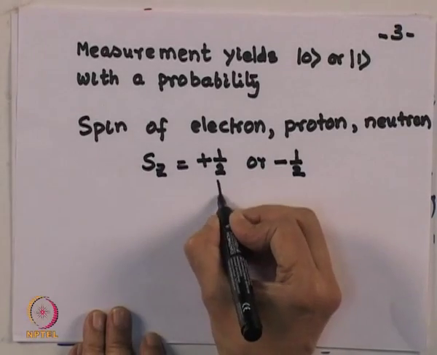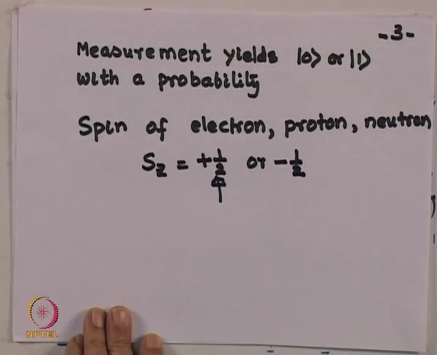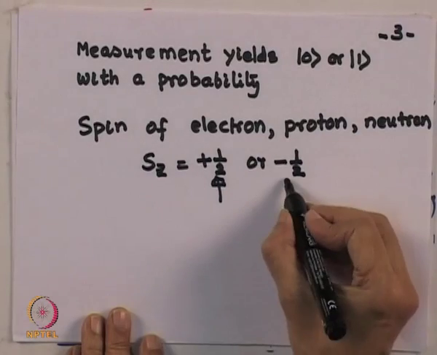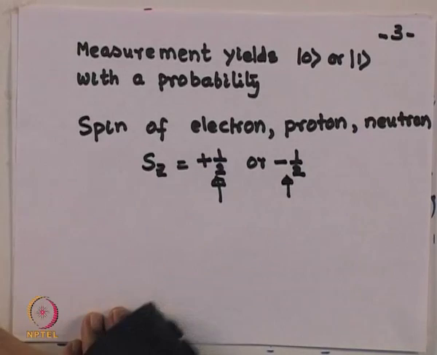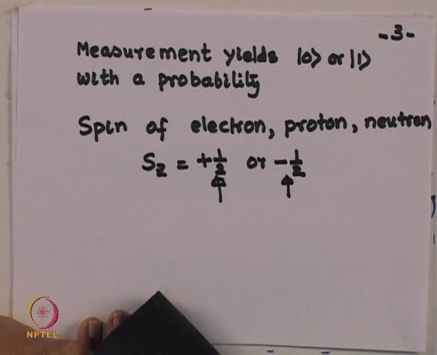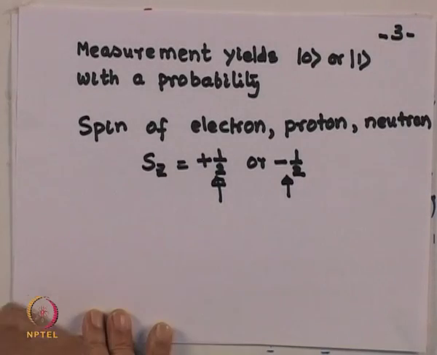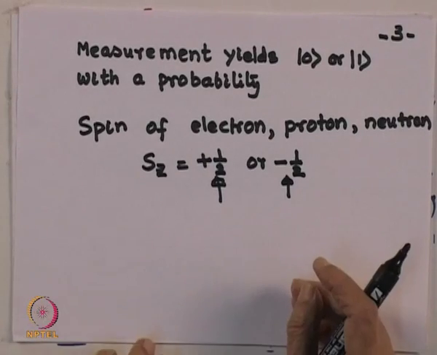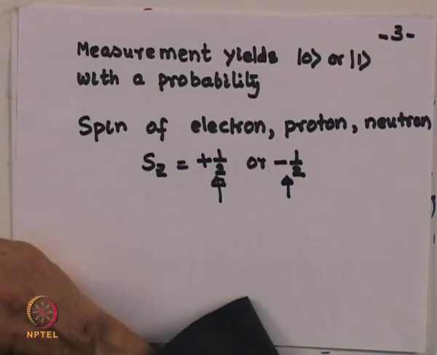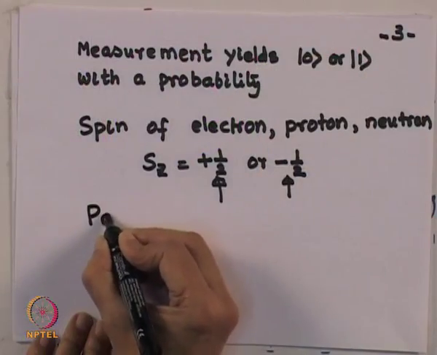So this could stand for one of the states, let's say 0, and this could stand for the other state, let's say 1. And the equipment with which you control this is what is known as the Stern-Gerlach apparatus. But a much easier way of understanding or realizing this is to talk about the polarization state of a photon.